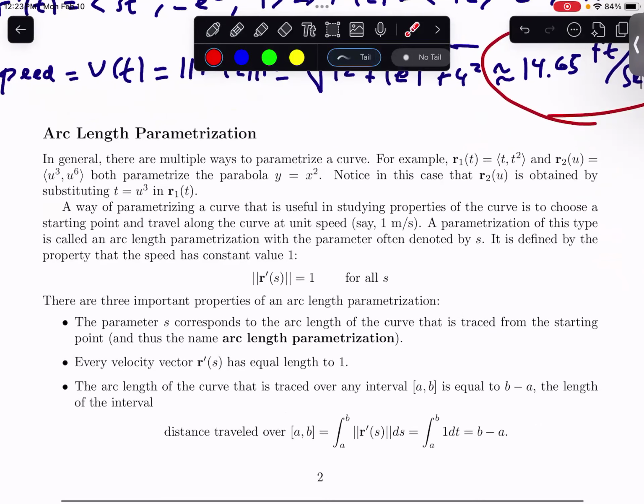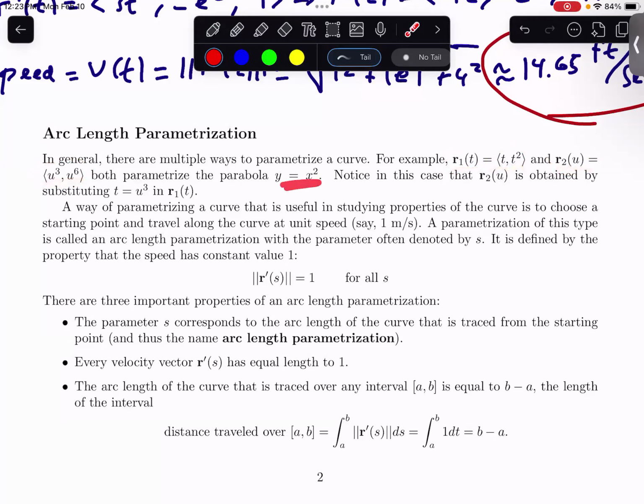In general, there are multiple ways to parameterize a curve. For instance, if you had the curve r1 of t equal to t and then t squared, and you had r2 of u equal to u cubed and then u to the 6th power in the second component, these two different curves parameterize the exact same parabola.